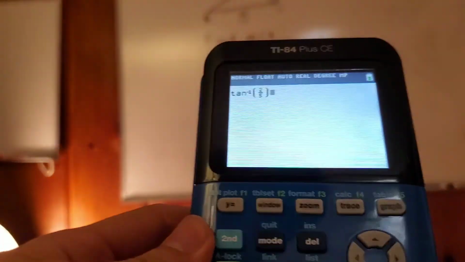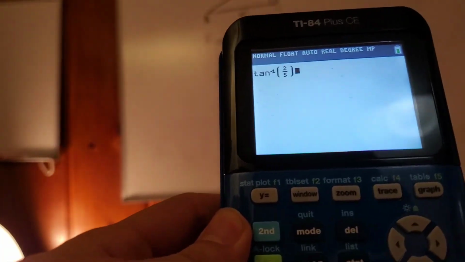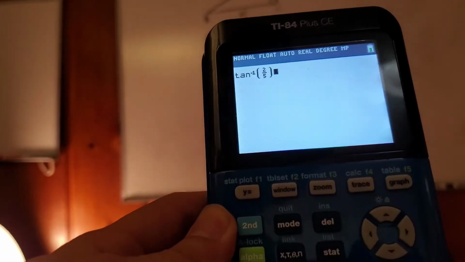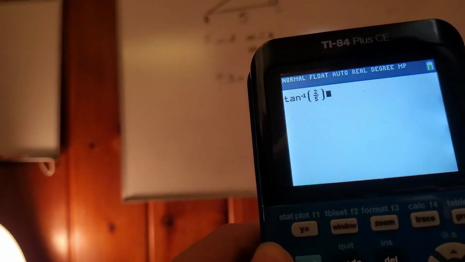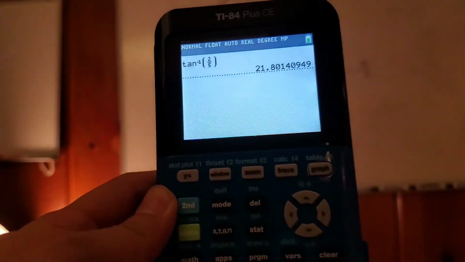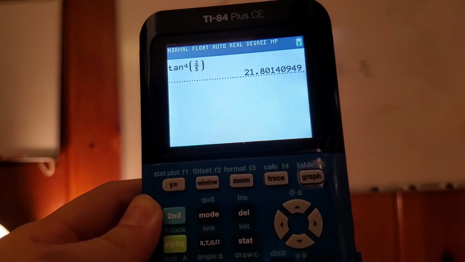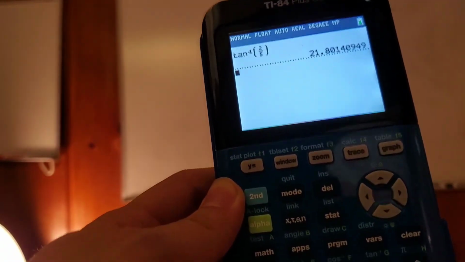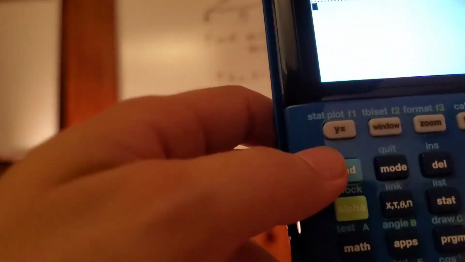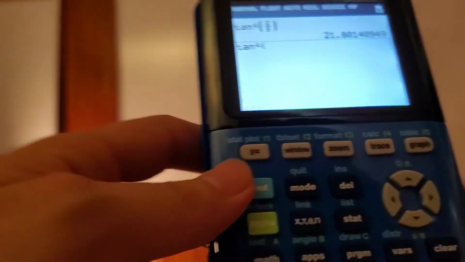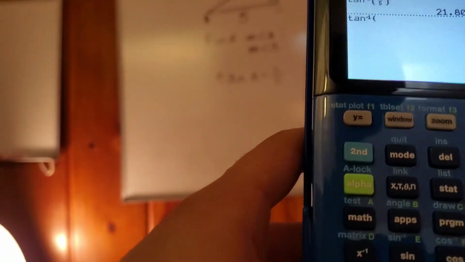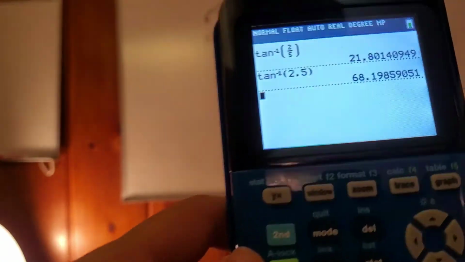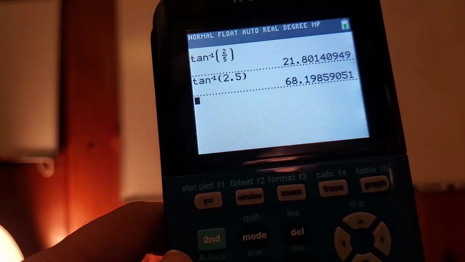Well, the next one is easier because it's 5/2, which is 2.5. Then we press enter. We get our first angle to be about 21.80, right? So 21.8. And then for my second one, I press again second tangent, and I put 2.5 because that's what 5/2 is, and you'll see that it's 68.19.